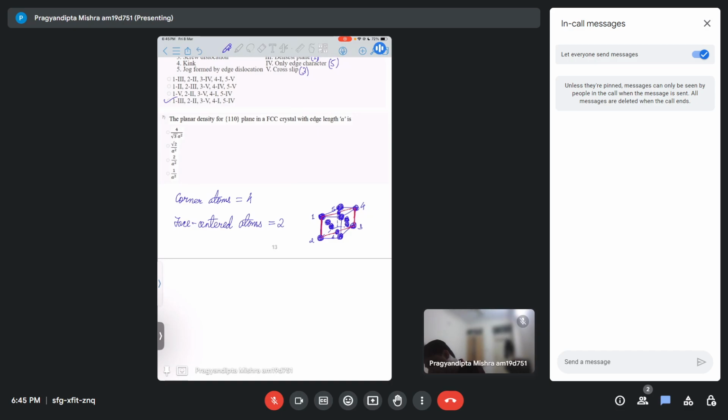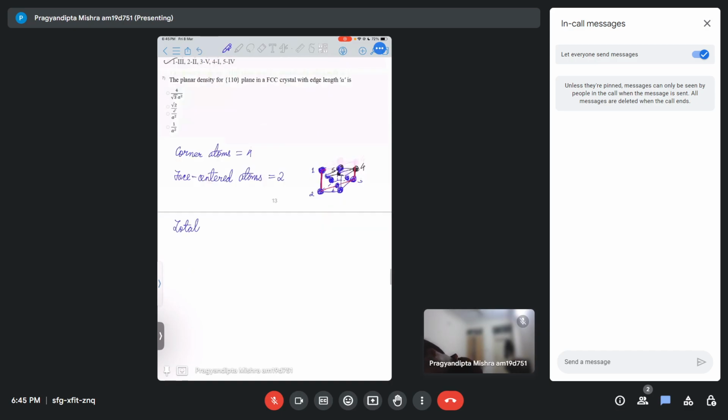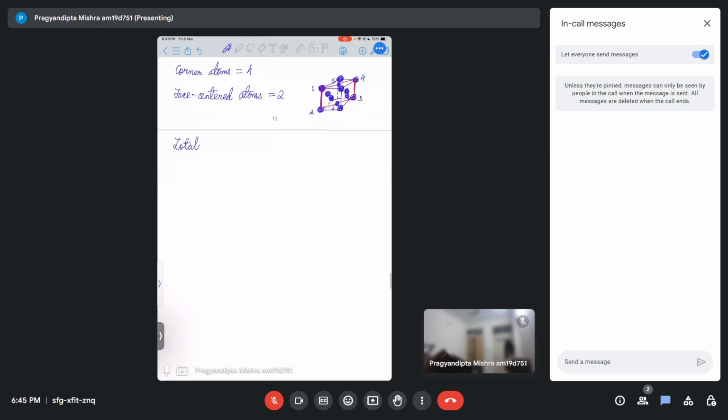So we can write total number of atoms to be equal to 4 into 1 by 4 plus 2 into 1 by 2. So contribution of each corner atom is 1 by 4. Contribution of each face centered atom is half. So we can do it this way and then we'll get total number of atoms to be 2.